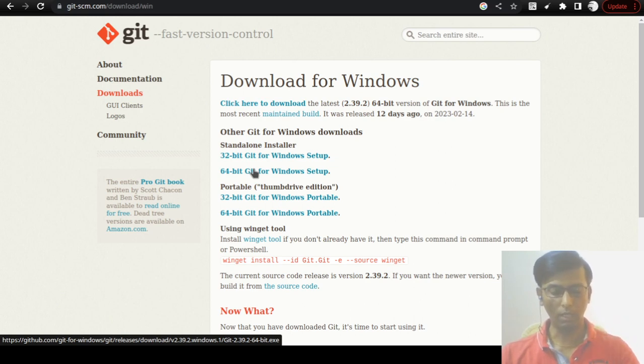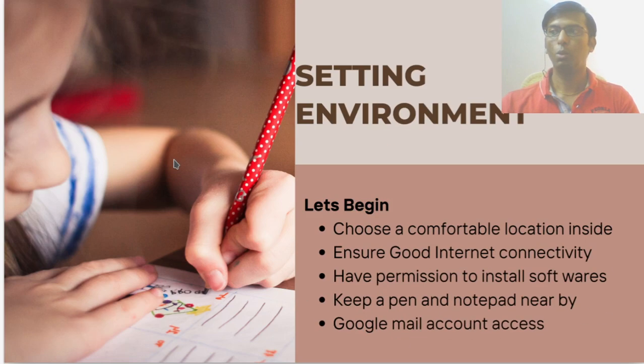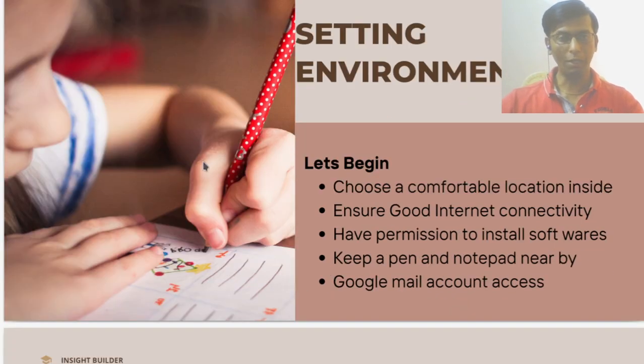But before that, you have to have something much more important, and that is you need to work upon your physical environment. Don't go into any of these setting up activities without finding a comfortable location in your home. Second, you should have a very good internet connectivity. Third, ensure that you have permission to install softwares inside these operating systems.